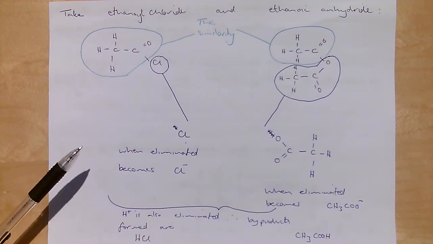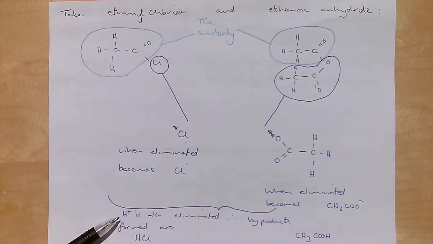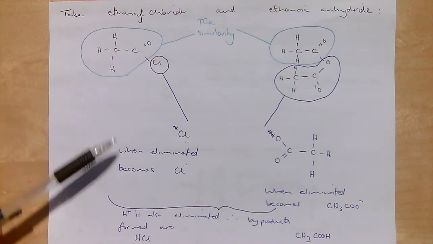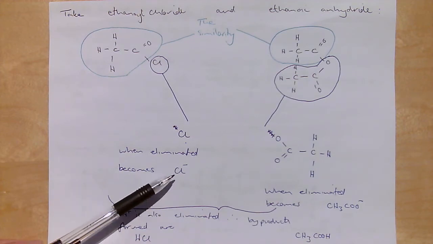Remember also in that elimination stage, in both of these, we lost an H+, so H+ is also eliminated. Therefore the overall byproduct when you're doing the acyl chloride reaction is going to be HCl: the H+ that is eliminated and the Cl minus that's eliminated come together to make HCl.